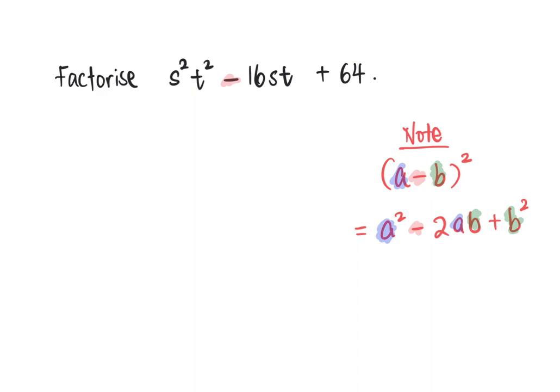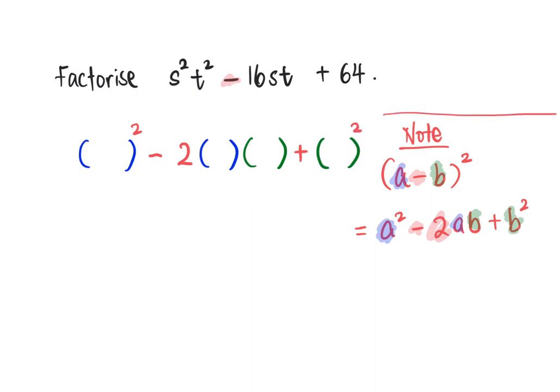And you would then see me, instead of writing s square t square, Mr. Tan will write it as something square minus, there is always the 2 down there, so I minus the 2, and I need to times my a and my b, and after that I need to plus my b square.